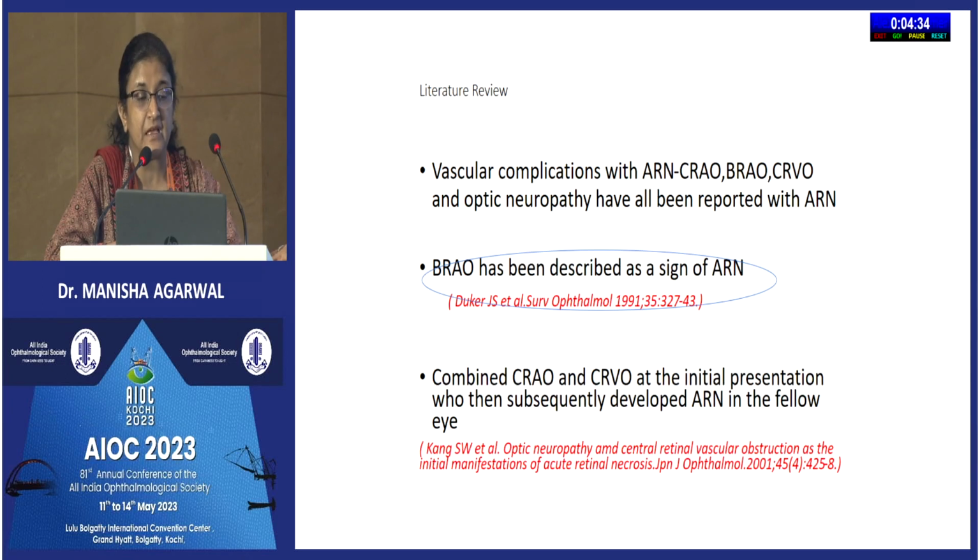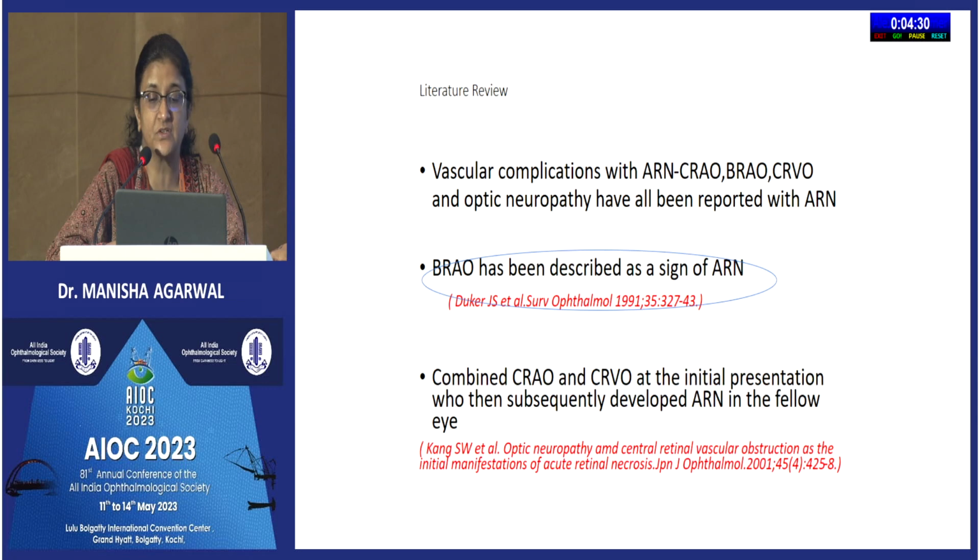So when I reviewed the literature, because I had never known that you could have vascular occlusion secondary to an infectious pathology, to my surprise, I came across these references where BRAO has been described as a presenting sign of ARN, and you can actually have combined vascular occlusions as the initial presentation of ARN in the fellow eye.